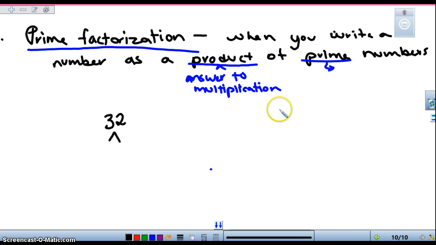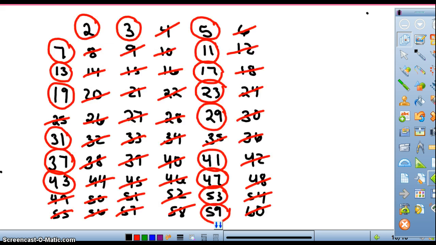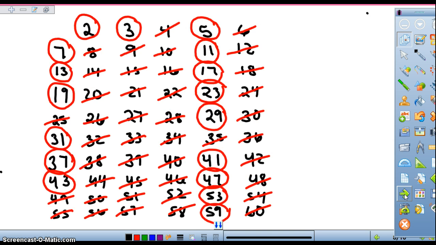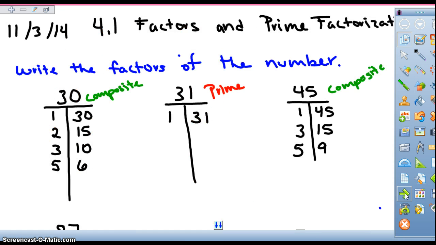So let's look at our prime numbers one more time. Our prime numbers start with 2, 3, 5, 7, 11, 13, 17, 19, 23, 29, 31, 37, 41, and they go on. So let's think about 2, 3, 5, and 7 for right now.